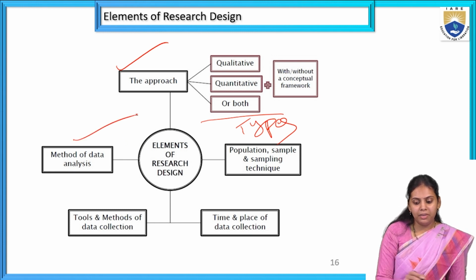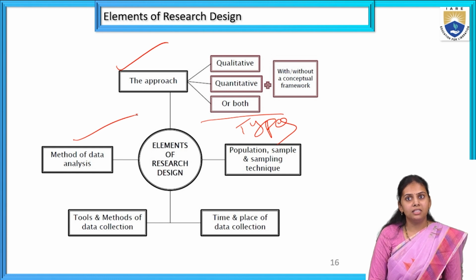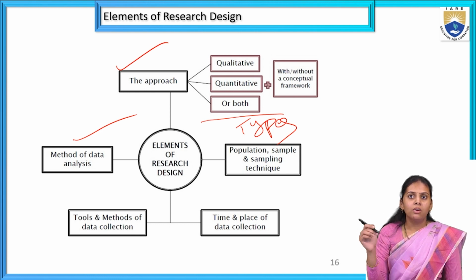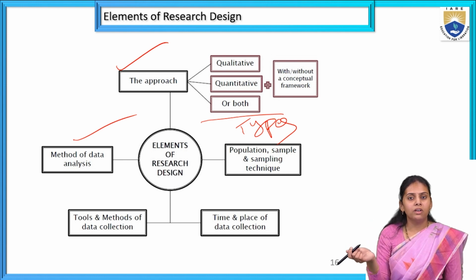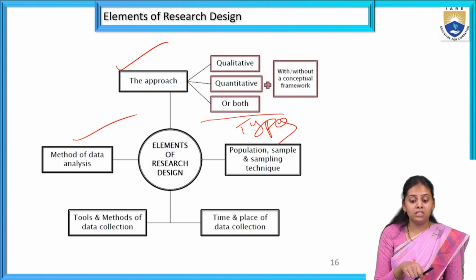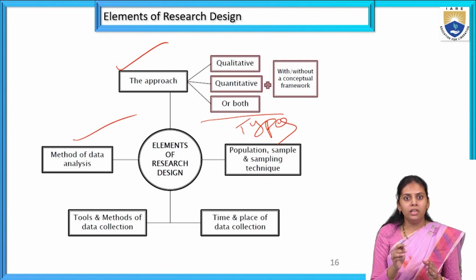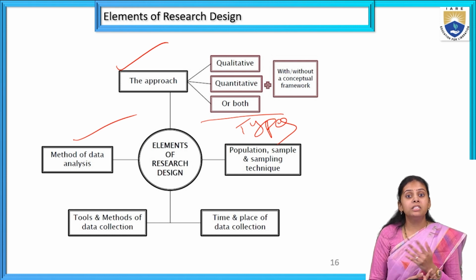And the other element is method of analysis. The approach is one of the elements of a research design which merges qualitative, quantitative or both, with or without a conceptual framework. Whereas methods of data analysis is the other element, for when the collected data is to be analyzed. In which method?